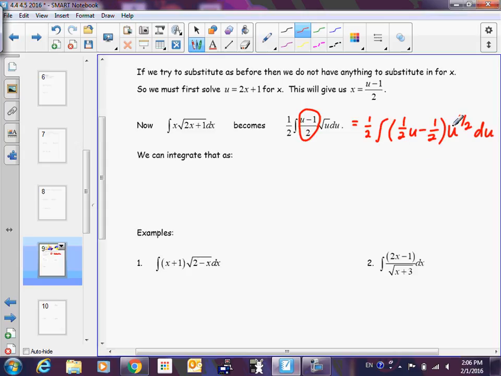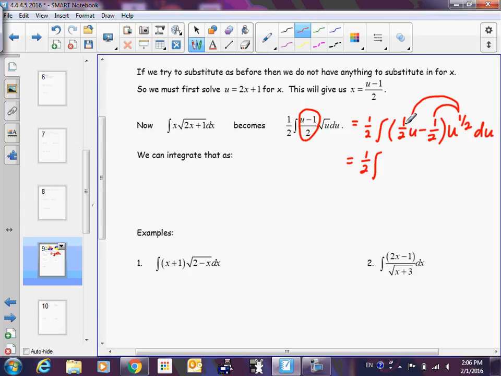This part, we're going to work as we go along. This won't be too bad next time we do a problem. Now, what we have to do is distribute before we integrate, because I don't have product rule for integration. So then I have the 1/2. And watch what happens here.